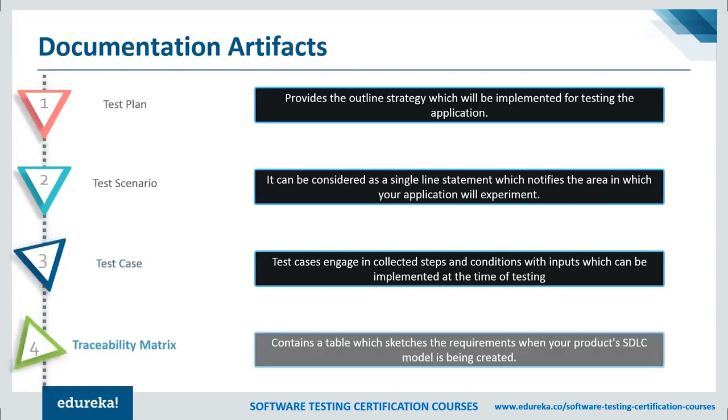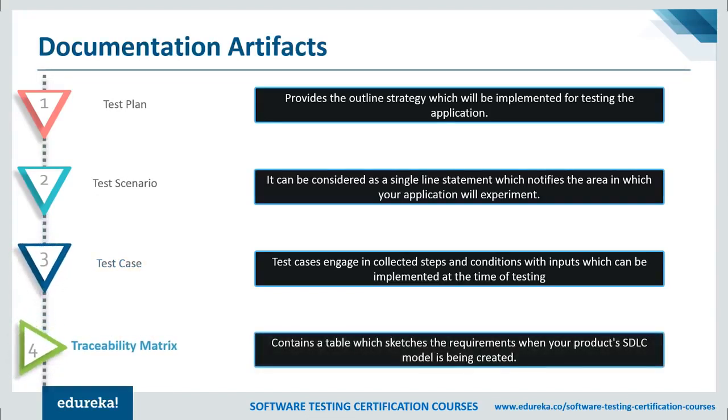Now the last artifact that we have is the traceability matrix. It is also known as the requirement traceability matrix, and it contains a table which maps the requirements while your product's software development lifecycle is being created. This documenting artifact can be used for forward tracing, which is going from designing, or for backward tracing as well, which is the reverse of forward tracing.